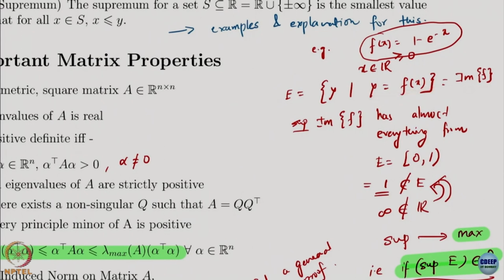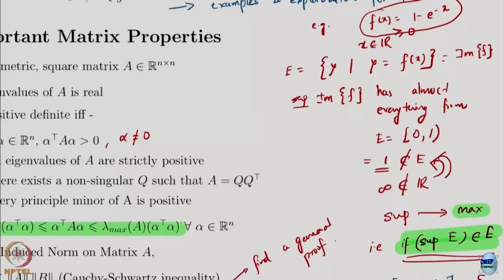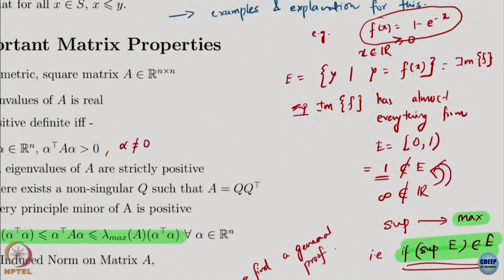I hope you understand what the image of f is: it's just all the values that f takes. The image of f is exactly this, because it's a nice continuous function, in fact a smooth function.